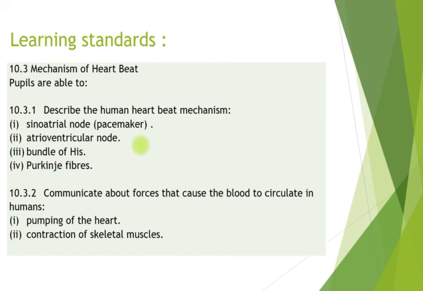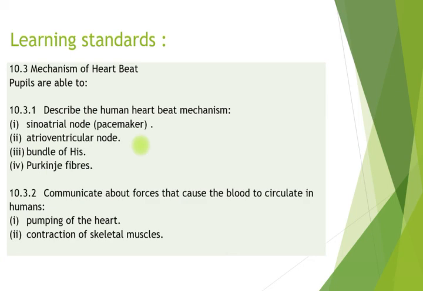What is the sinoatrial node? It is a pacemaker. The pacemaker will generate the impulse, which will cause the atrium to contract and push the blood into the ventricle. Then the electrical impulse will reach the AV node.